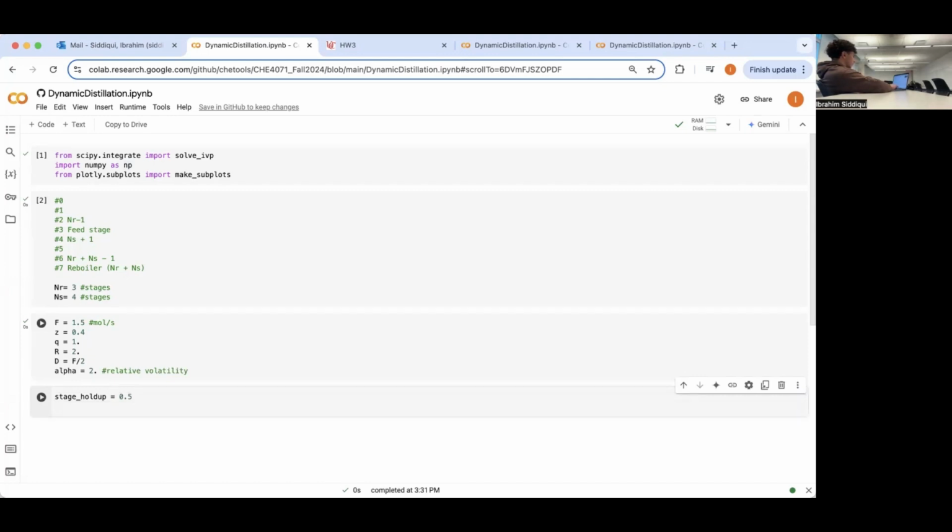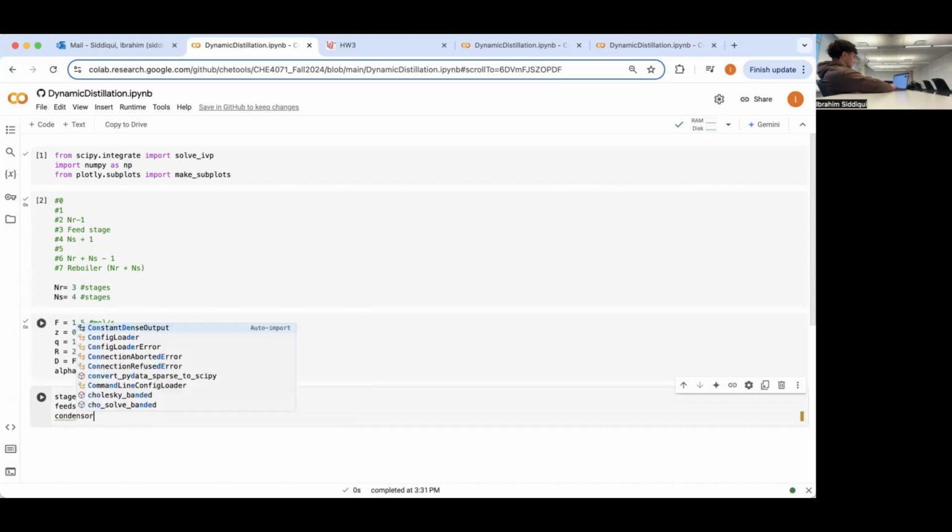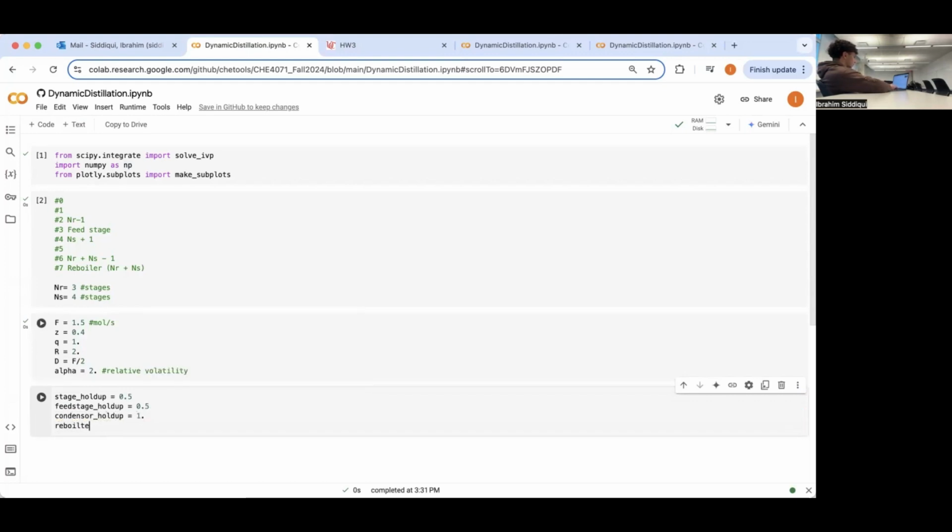Our feed_stage_holdup is 0.5 as well. Our condenser holdup is 1, and our reboiler holdup is 1 as well. Okay, we can go ahead and move on from here.